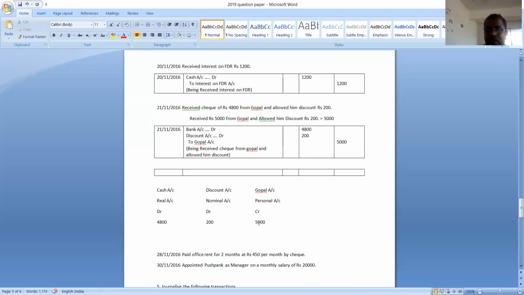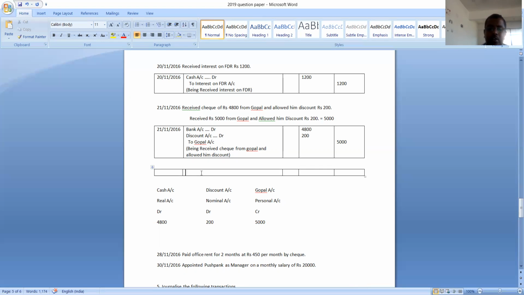Understood? So this is the difference. This is how we should treat discount when payments are received and made in the form of cheque and in the form of cash. When it is made in the form of cheque, we treat the cheque amount and discount amount separately. But when it is received and made in the form of cash, the discount amount should be deducted from the cash.